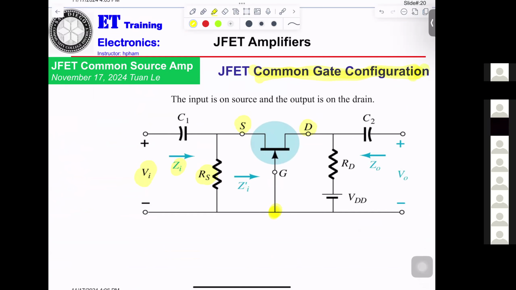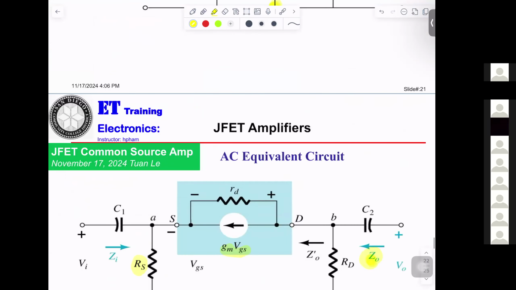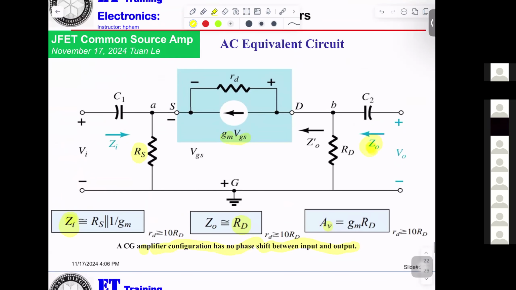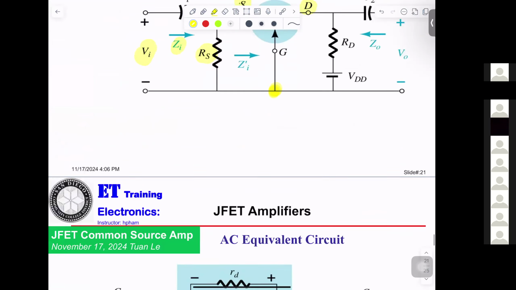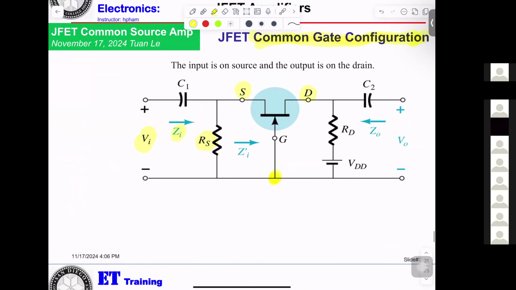Okay, we'll correct that. And then another thing, Mr. Pham, go back right there. No, go back a little more. Stop, right there. Okay, where it says source, that's where the input signal is at, right? The AC input signal, where the S is in yellow. Oh, input signal here. Right?